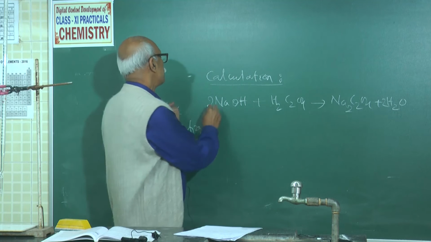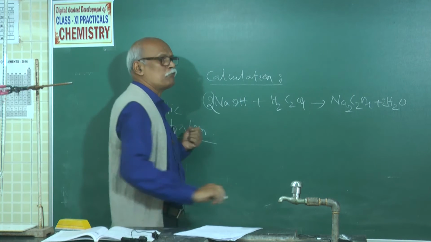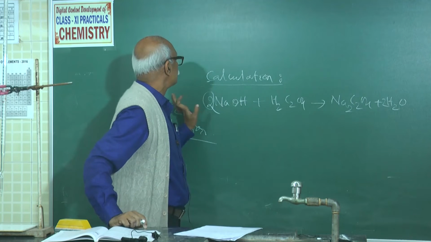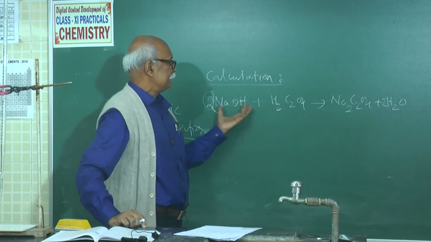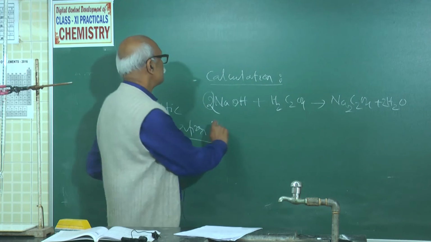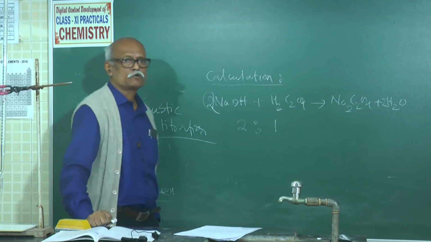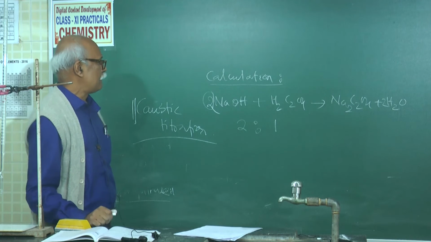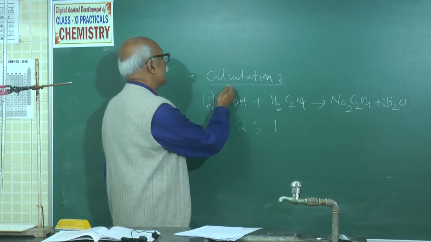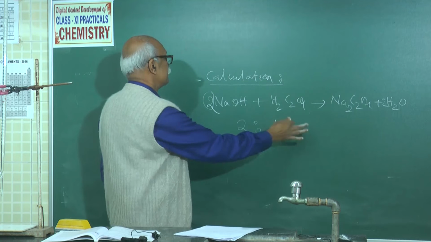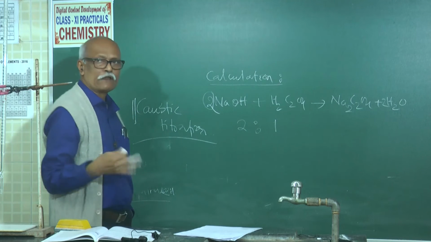Here you see, if you consider moles, this will be moles of alkali and this is moles of acid. That molar ratio is 2:1. Molar ratio is 2:1, that means M1V1 by M2V2 is equal to 2:1 in the molarity form.